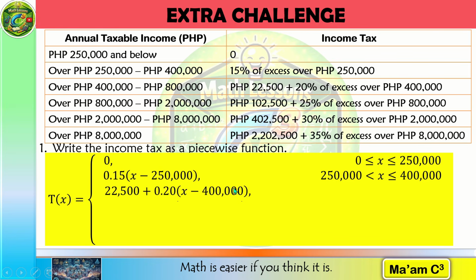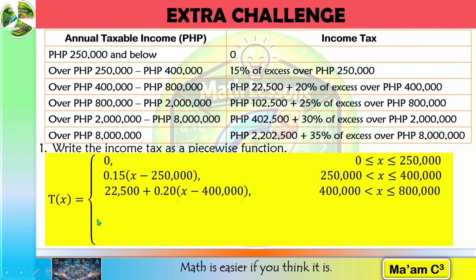So this is the excess multiplied by 20% and the constant, if the income is over 400,000 up to 800,000. So x is less than or equal to 800,000 but greater than 400,000. It says here over, so greater than. And also, we have the or equal to here for the 400,000.